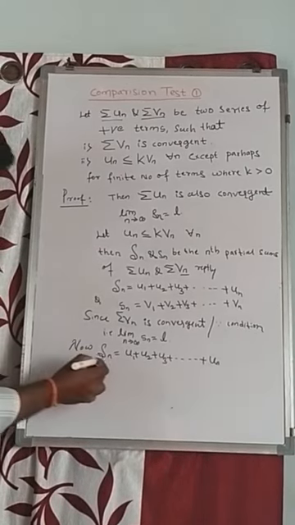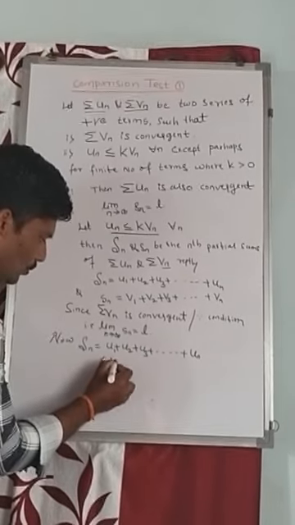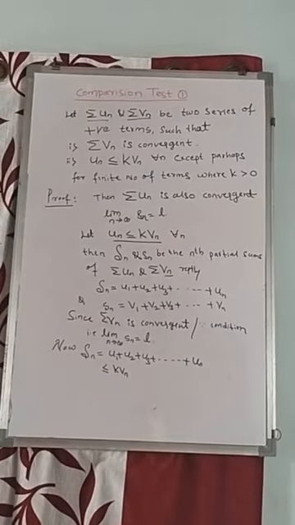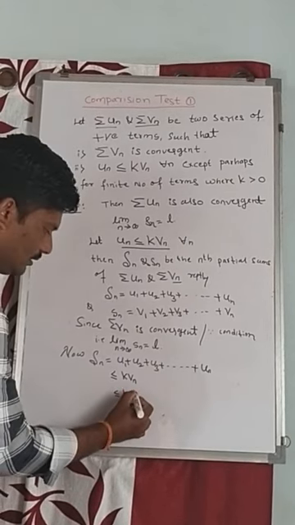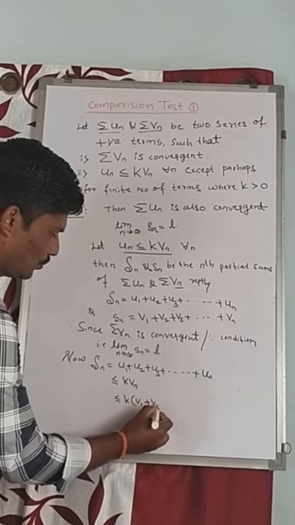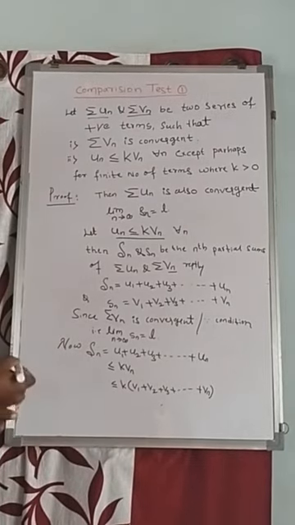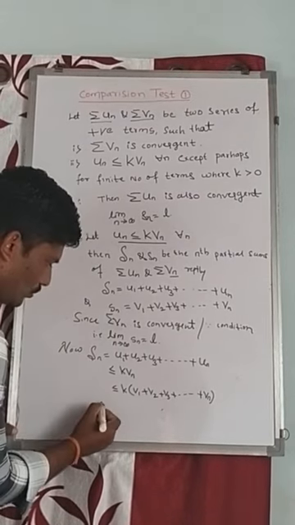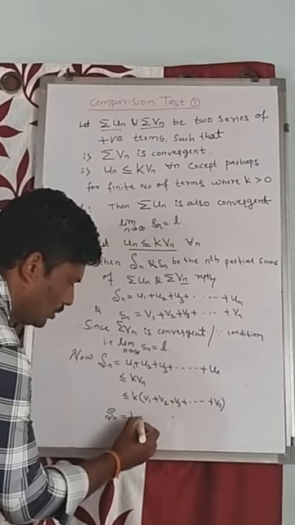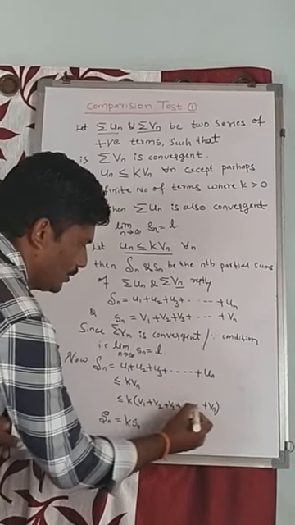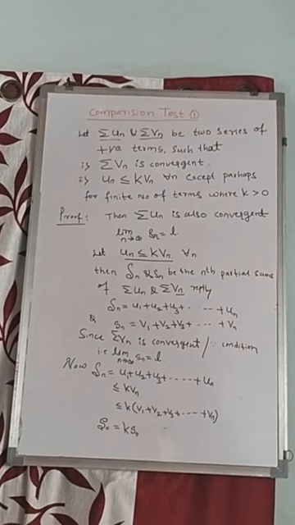Then, using the condition, this is less than or equal to k into vn, so also less than or equal to k times v1 plus v2 plus v3 up to the nth term vn. So capital Sn is less than or equal to k into small sn.